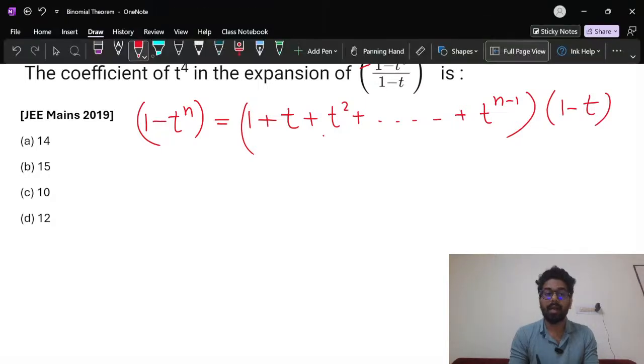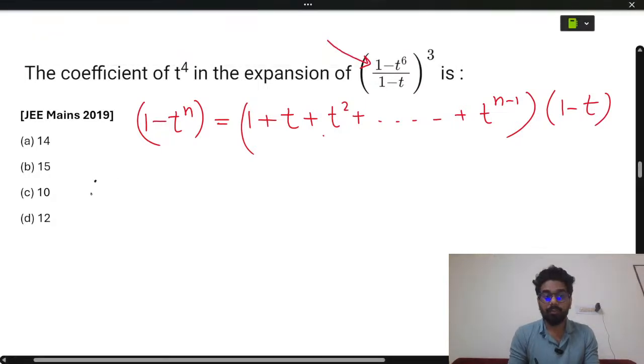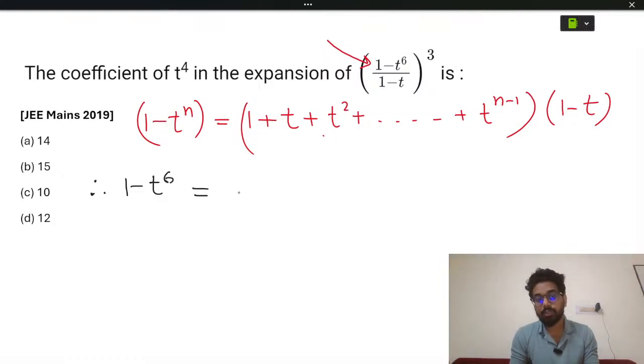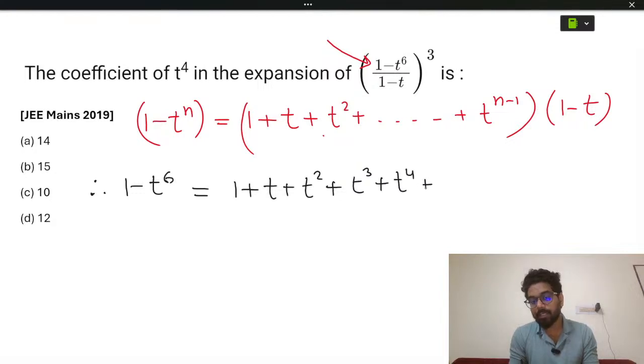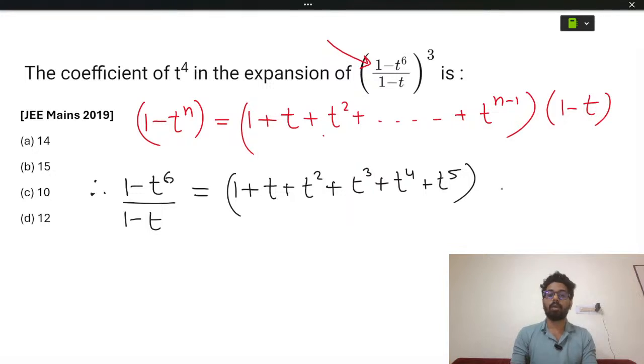Therefore, 1 minus t power 6 is equal to 1 plus t plus t power 2 plus t power 3 plus t power 4 plus t power 5, into 1 minus t, but we are dividing it by 1 minus t, so 1 minus t power 6 upon 1 minus t is there.